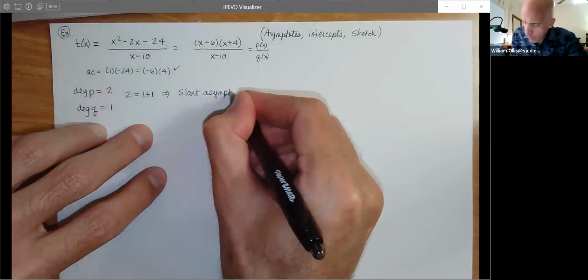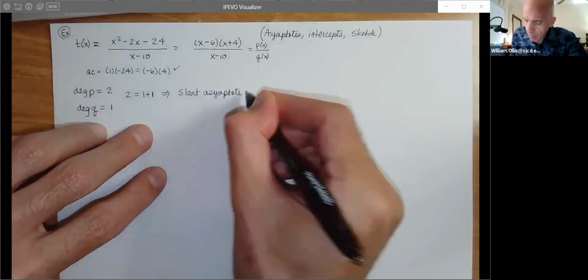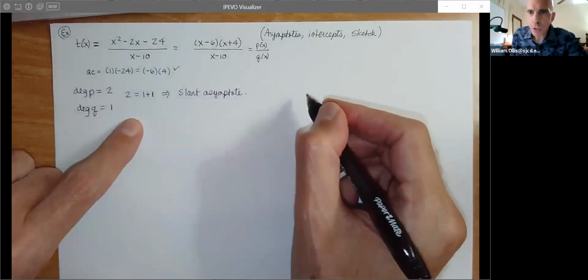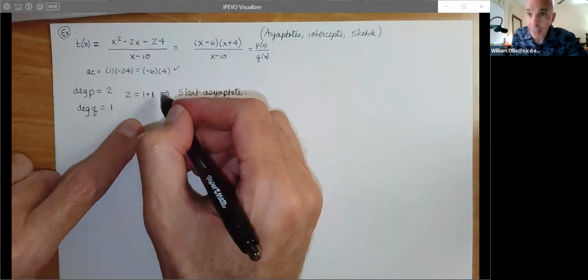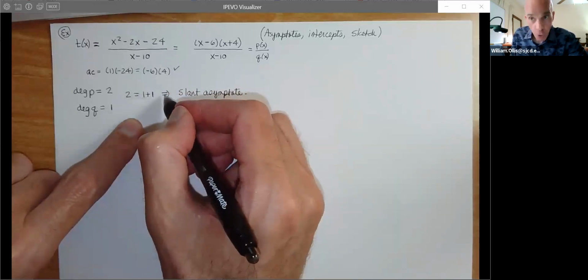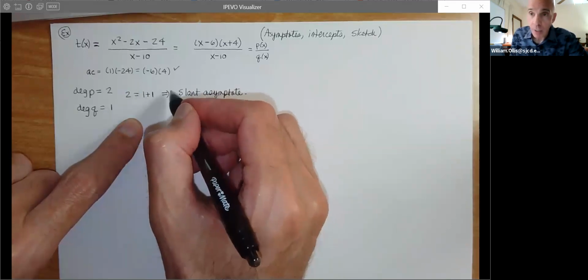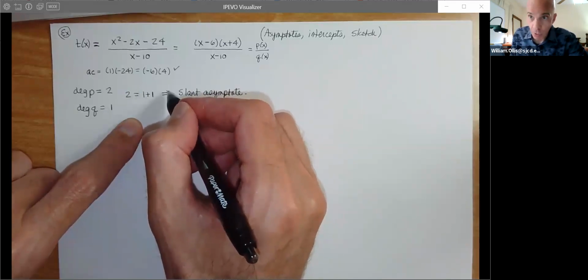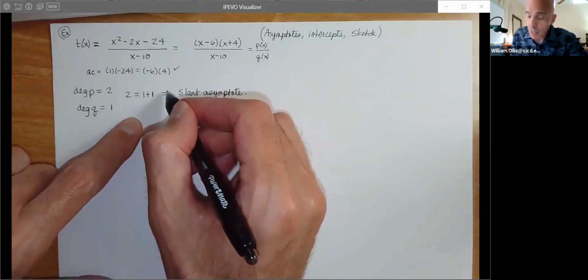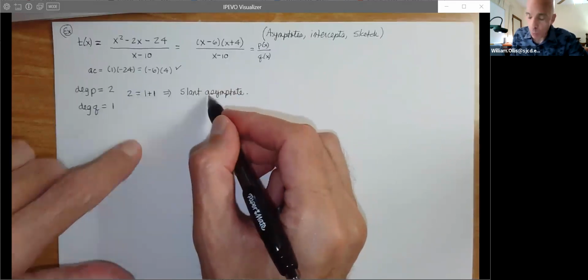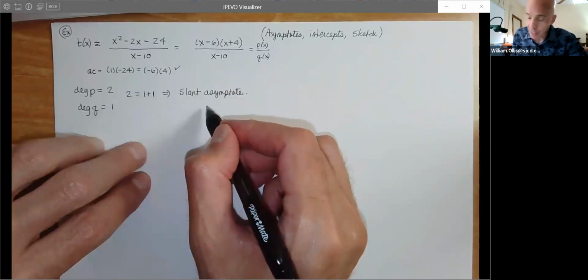Now this may be very simple, but if you don't look at it this way, you will ignore it. And you can certainly have quadratic asymptotes, you can have cubic asymptotes, you can have quartic asymptotes. We're not really going to spend much time with that. When you get to calculus, you'll see some of that at play. So the idea for right now, we're just going to focus on the slant asymptotes.